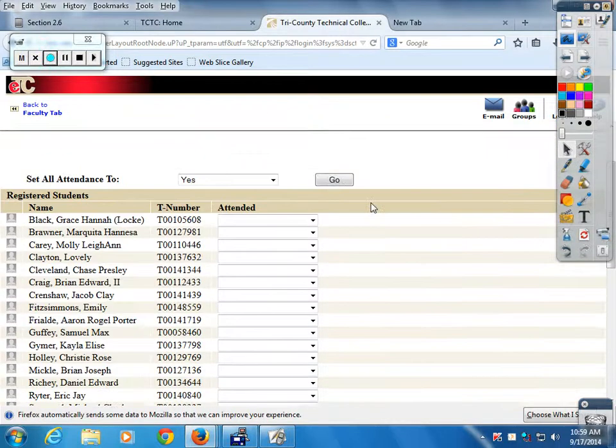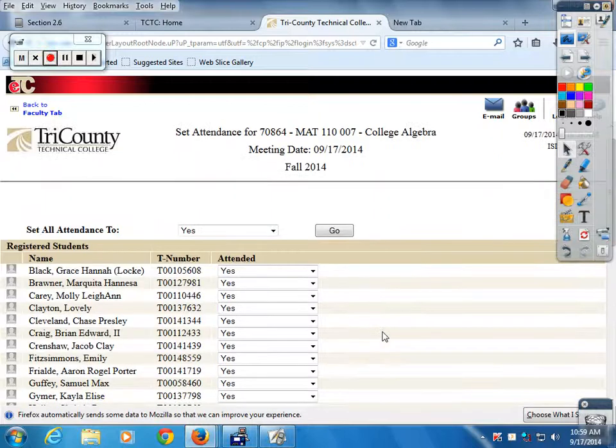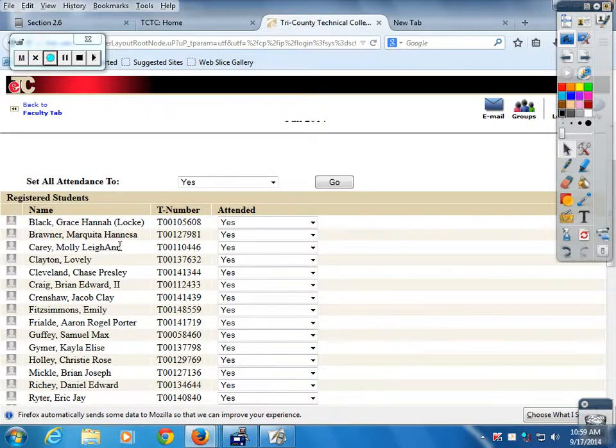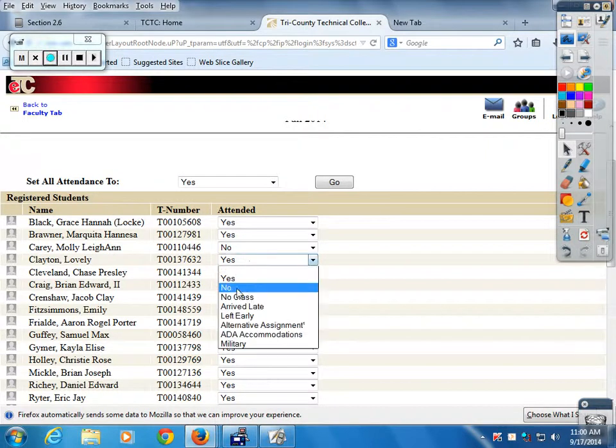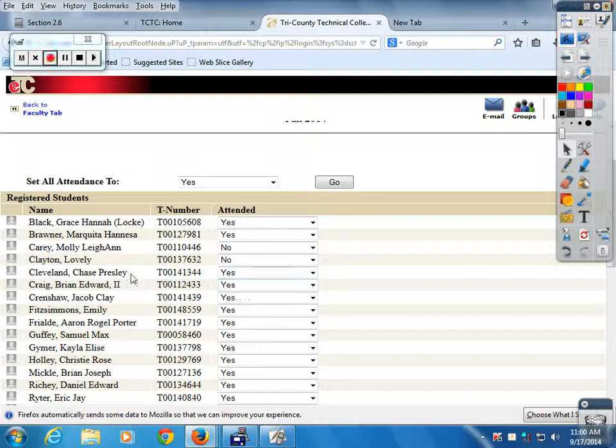All right. I guess everybody's here. Let's see. Miss Black's here. Miss Bronner's here. Miss Carey's not here. Miss Lovely, I didn't see her. Mr. Cleveland. Craig. Here. Which one's Craig? Okay. I'm trying to learn you. Crenshaw. Fitzsimmons. Frialdi's here. Guffey.